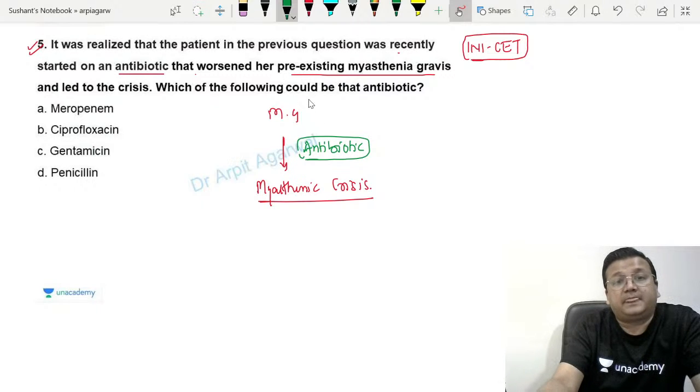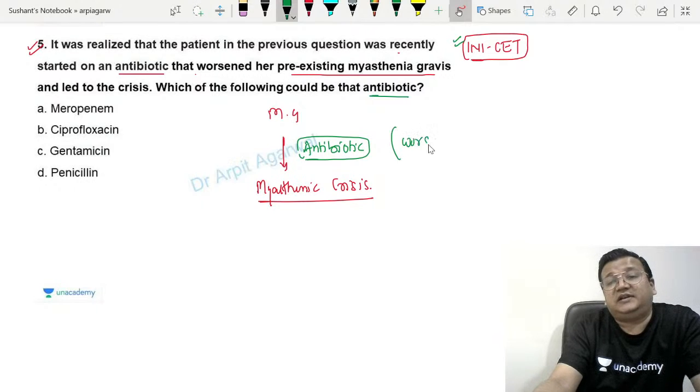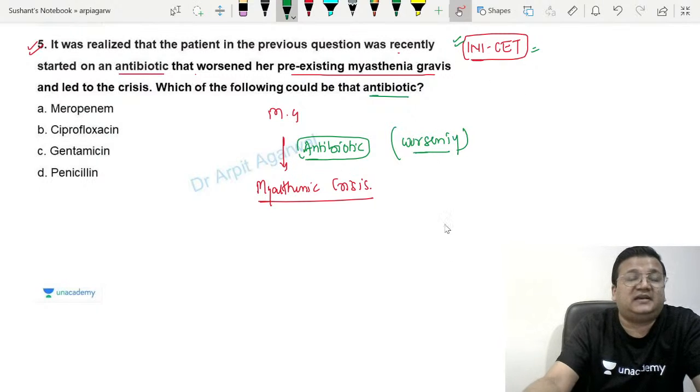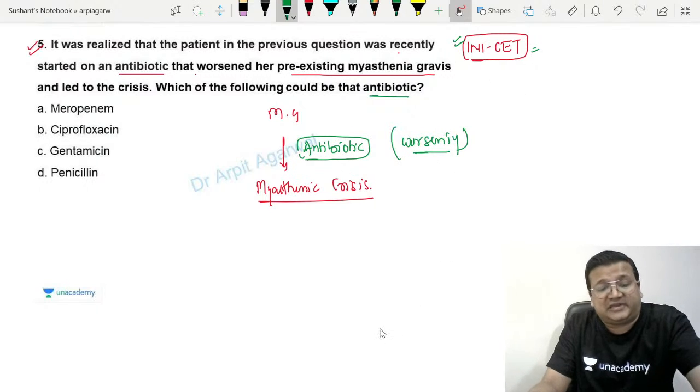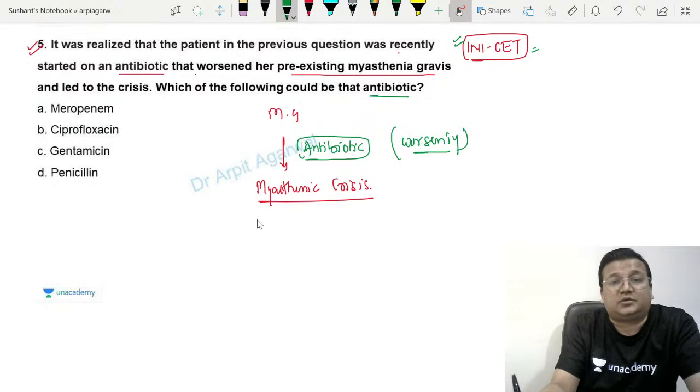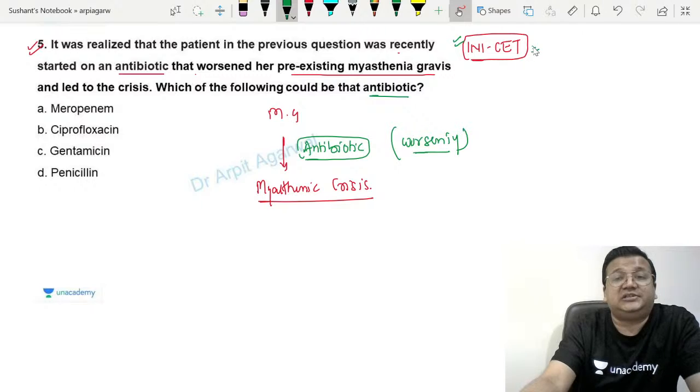Which of the following could be that antibiotic? As I told you, drugs causing sudden worsening of myasthenia gravis were asked in INICET also. So AIIMS level central institutes are asking these questions. Simple questions, but even these most prestigious institutes ask such simple questions. So you have to be aware.